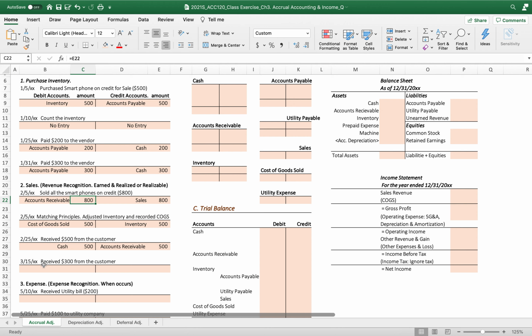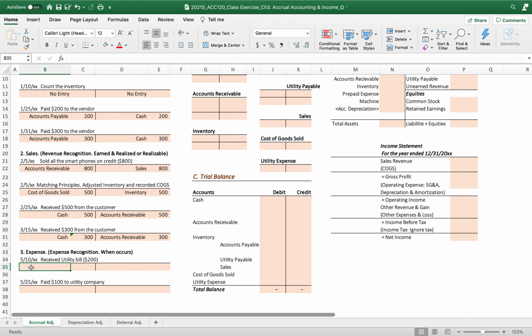Still have a right to receive cash, $300, because the company received only $500 out of 800. Now the company received cash, 300. By this amount the company received, they have to reduce this asset so that the company doesn't have accounts receivable on the balance, because the company received all of the 800. So cash up, asset up, and then asset down, the accounts receivable. Okay.